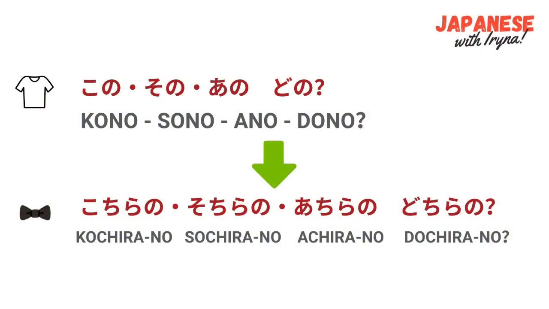But in the case of この and その we need to add no after: こちらの、そちらの、あちらの、どちらの. この、その、どの in polite speech turns to こちらの、そちらの、あちらの、どちらの.